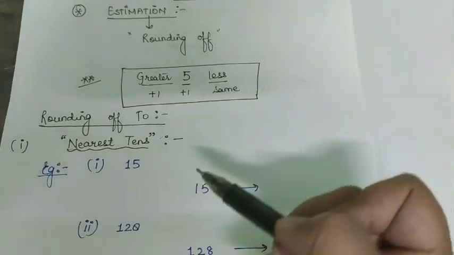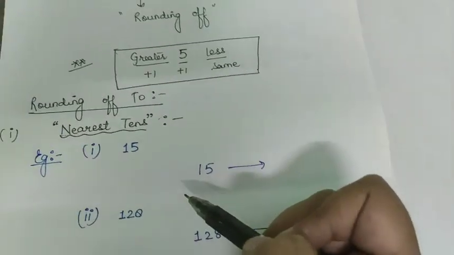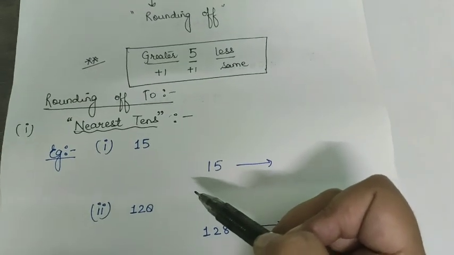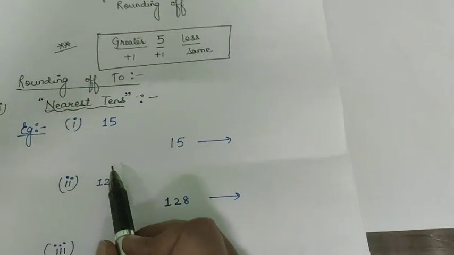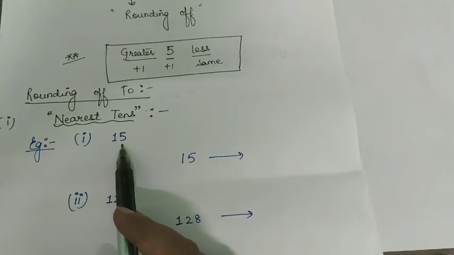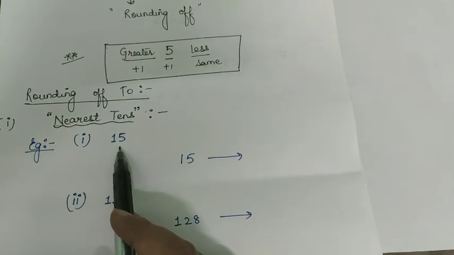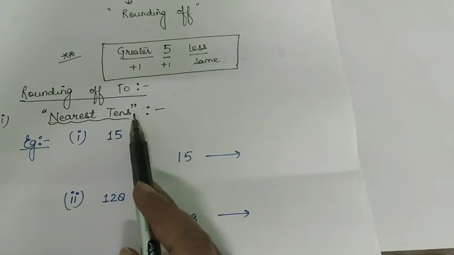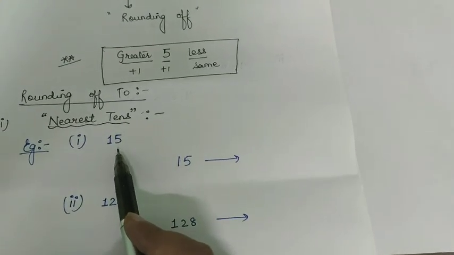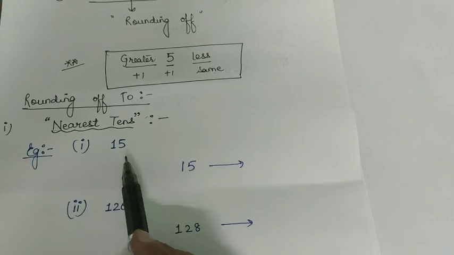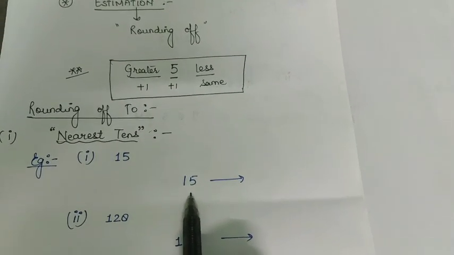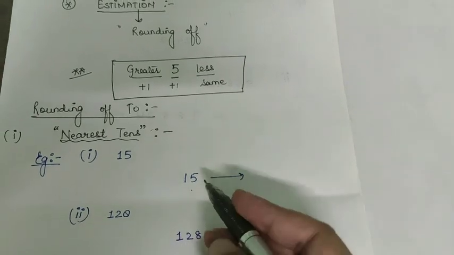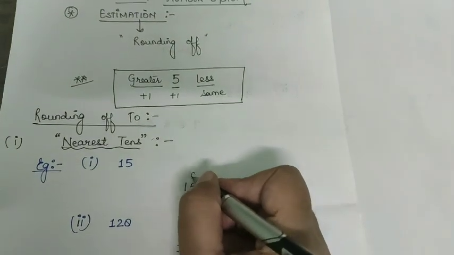Suppose my first step is, I ask you to round off to the nearest tens. Let's take the first example, the number 15, and I am asking you to round it off to the nearest tens. What I am going to do is very simple. We will write 15 as it is, and then, as everyone knows about place value, I will write the place values of the number.